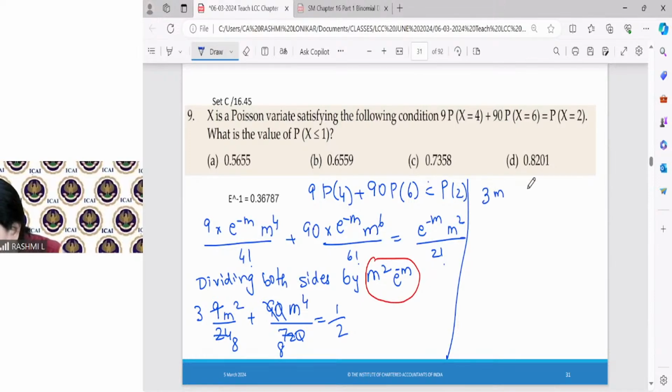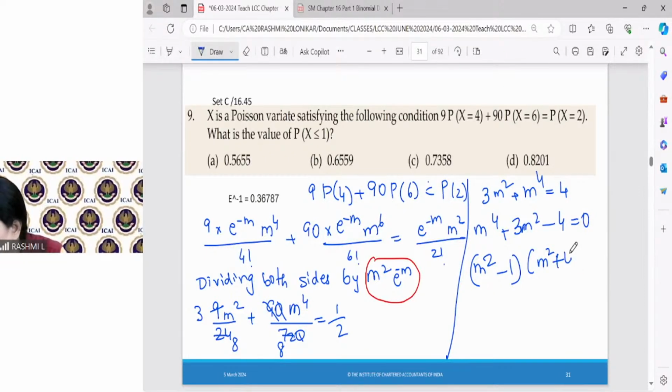3m square plus m raised to 4 is equal to 4. Or m raised to 4 plus 3m square minus 4 is equal to 0. So what will be the factors? M square minus 1 and m square plus 4, right? 4 plus 4 minus 1 plus 3 is equal to 0.